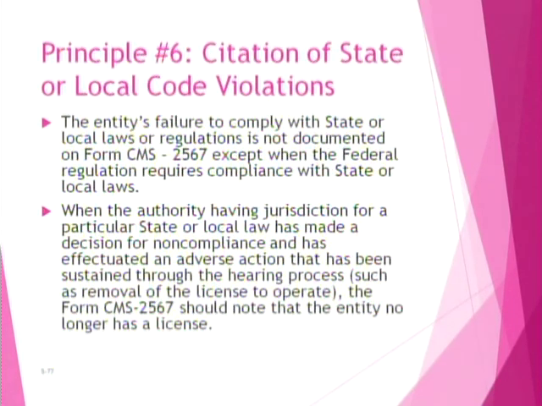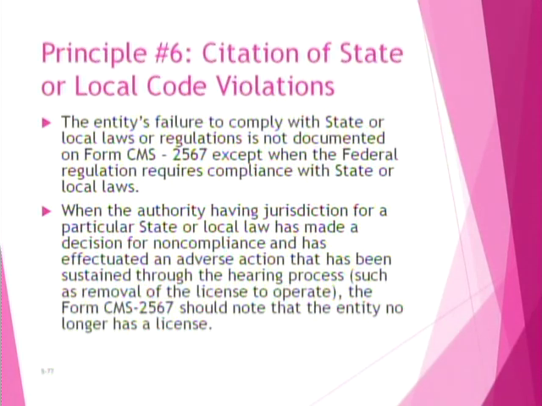Principle 6, citation of state or local code violations. The entity's failure to comply with state or local laws or regulations is not documented on the form CMS 2567, except when the federal regulation requires compliance with state or local laws.